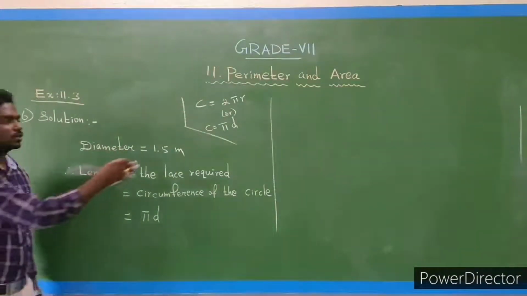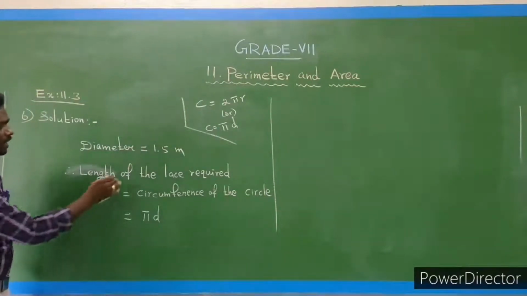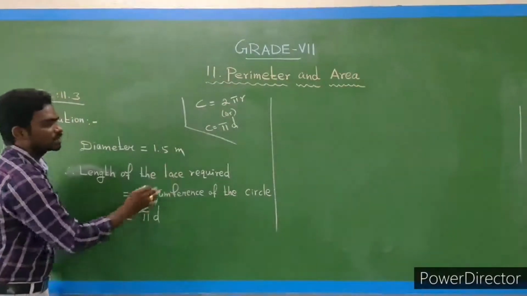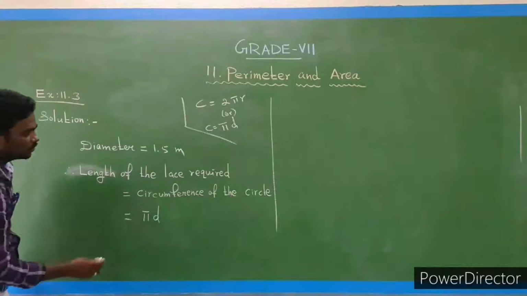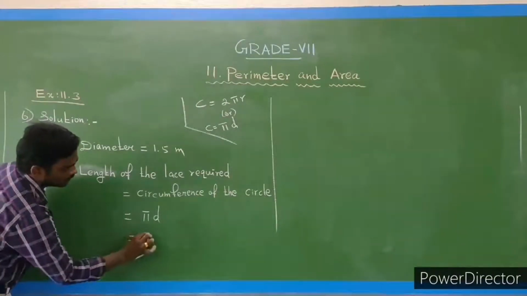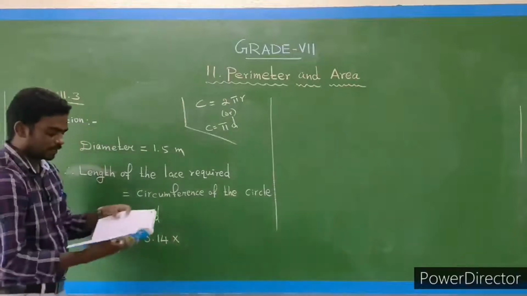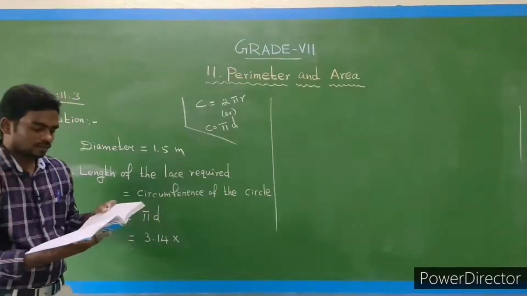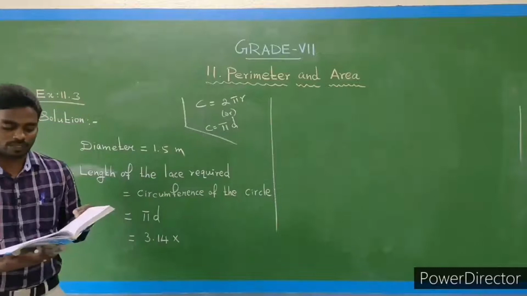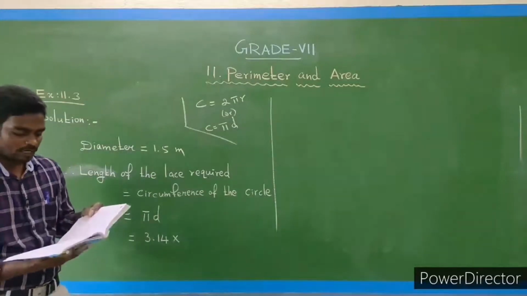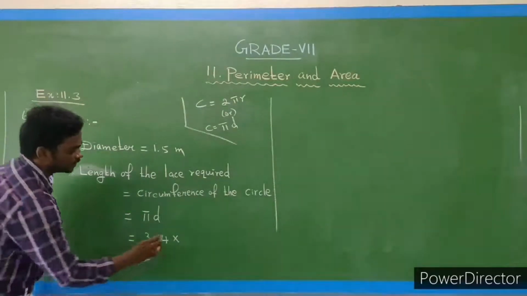So diameter is equal to 1.5 meter, and length of the lace required is equal to circumference of the circle, which is pi into d. Take pi is equal to 3.14, as given in your question, and diameter value is 1.5 meter.